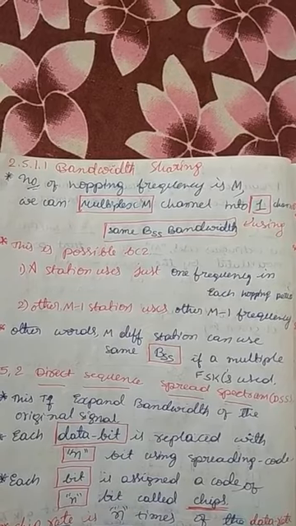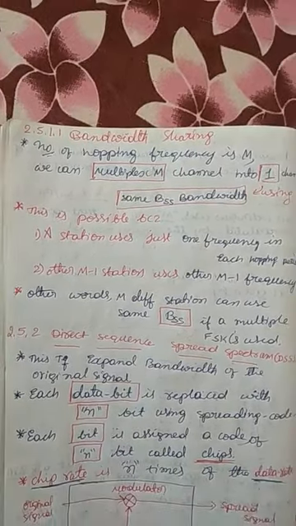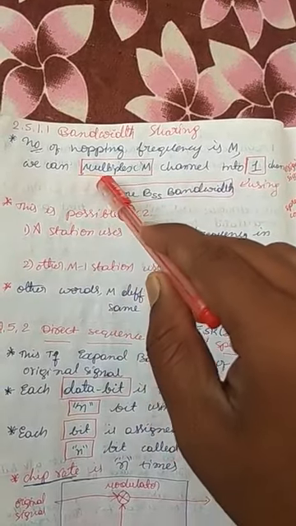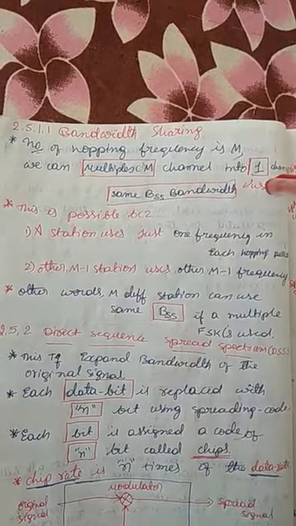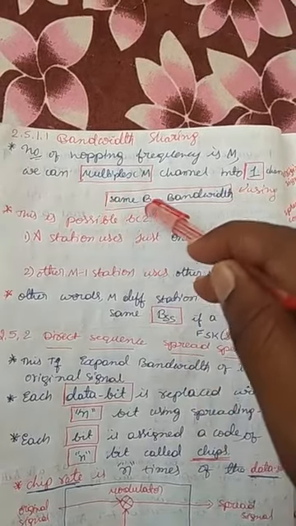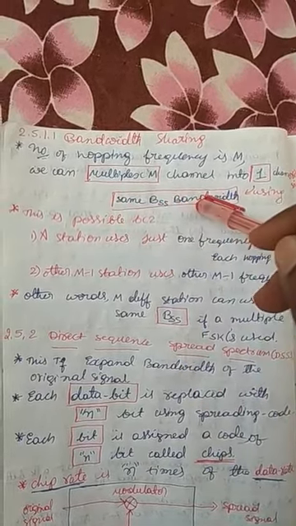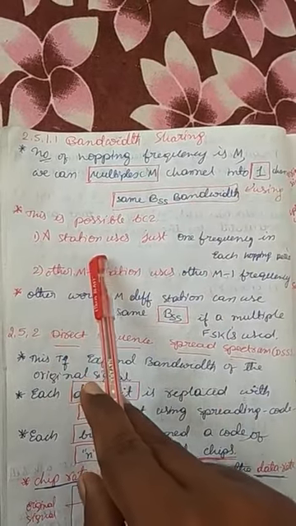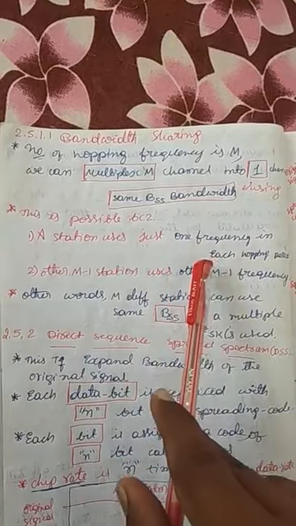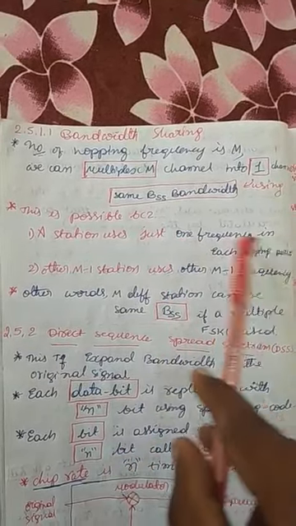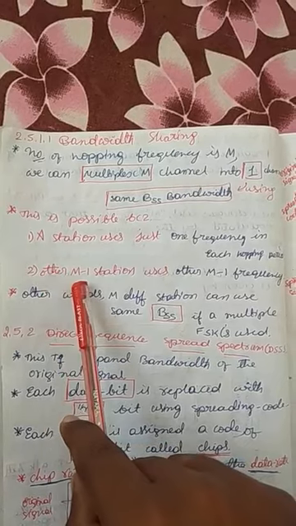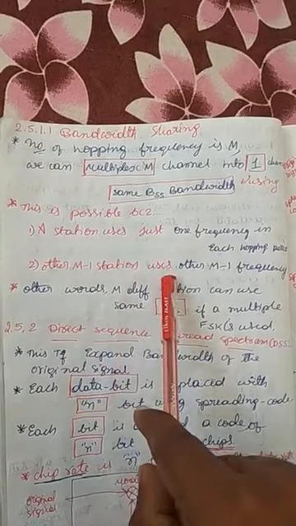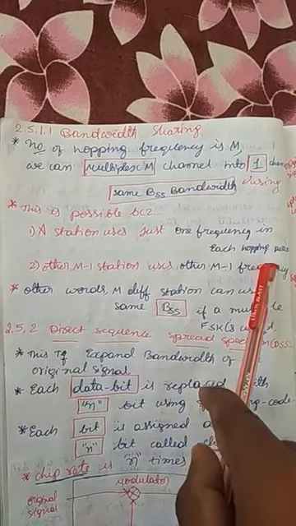Next, how is this possible? How can we multiplex m channels into one channel using the same bandwidth of the spreading spectrum? It is possible because a station uses just one frequency in each hopping period, and the other m minus 1 stations use the other m minus 1 frequencies.